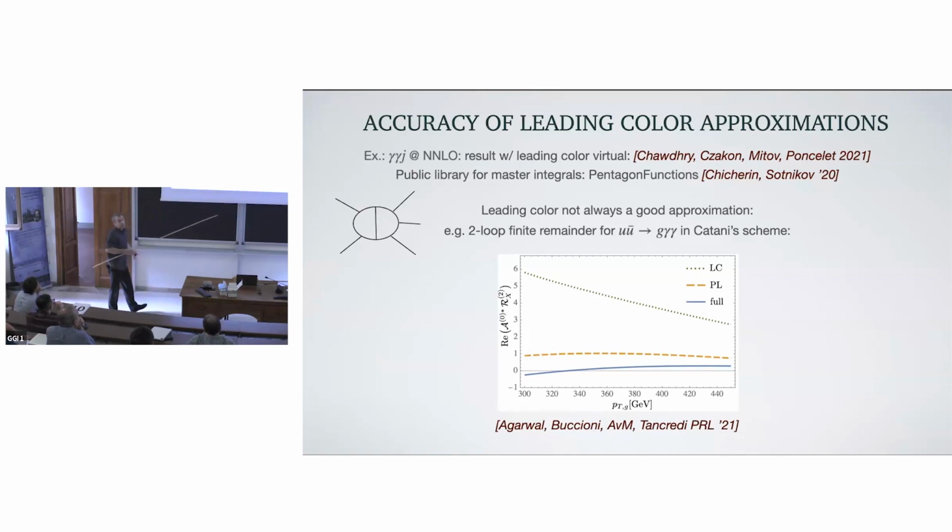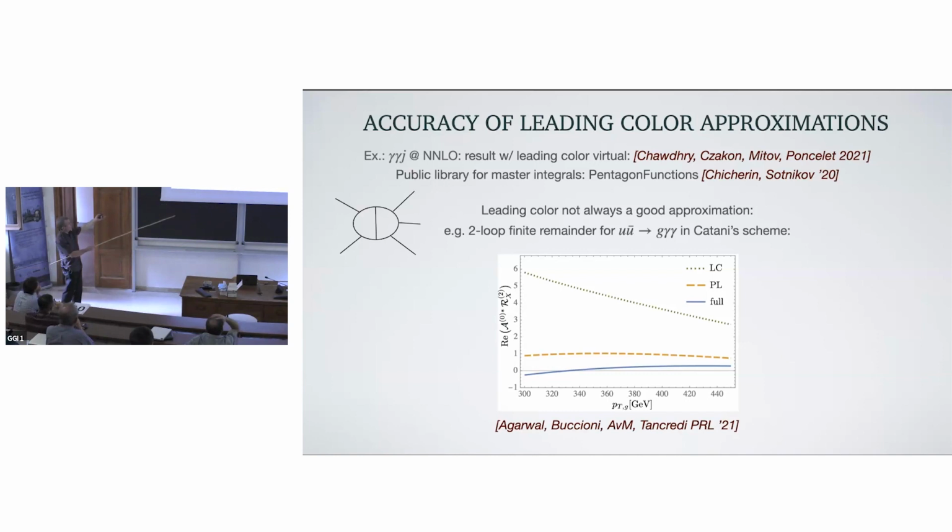At the level of the finite remainder, it's really not a great approximation. You get in the ballpark by including at least some of the fermionic corrections in addition, but in general, to match the curve, you also need non-planar contributions.